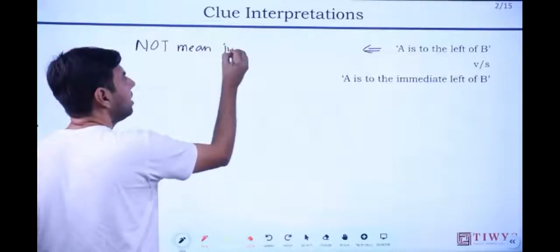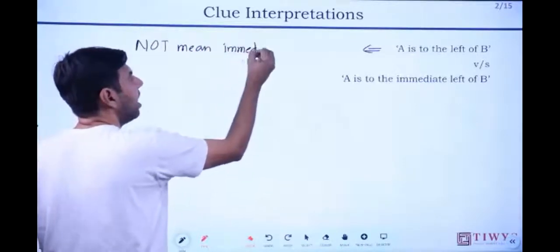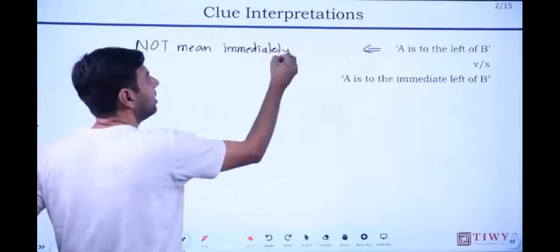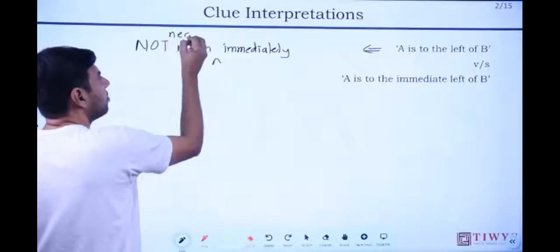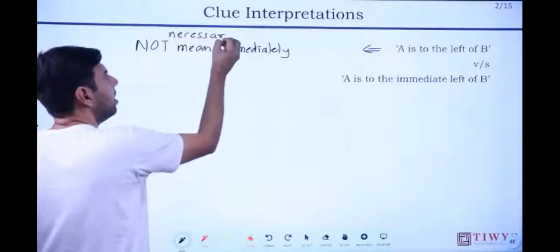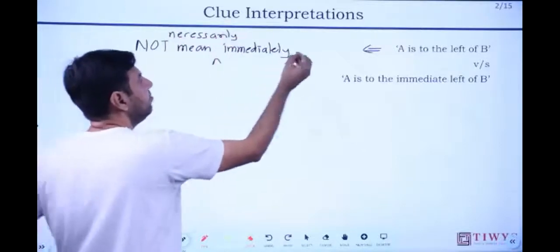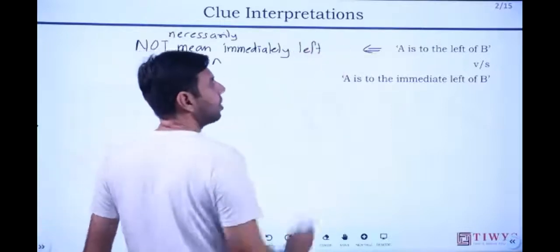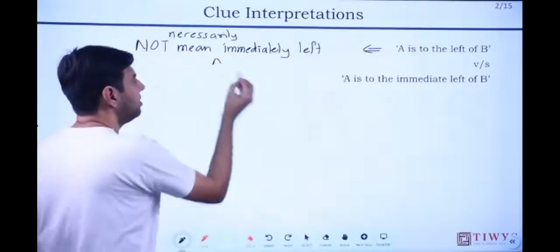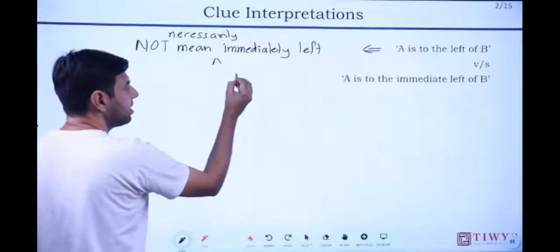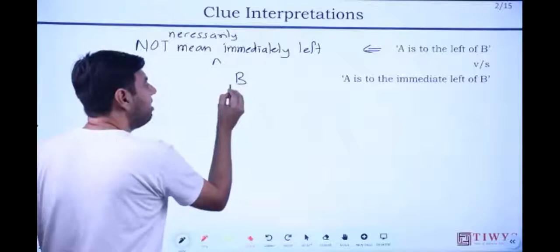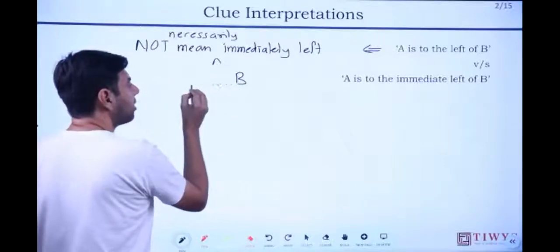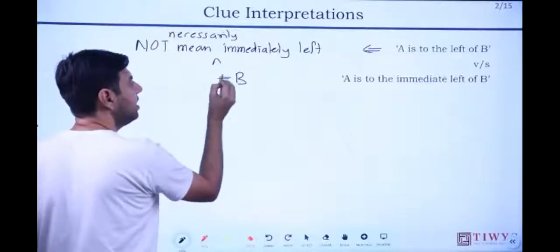It could be, but it is not necessarily immediately left. So the first clue just says that there is some place of B, and A is anywhere to the left. I don't know where, but towards the left of B.